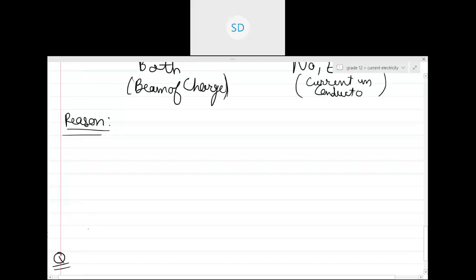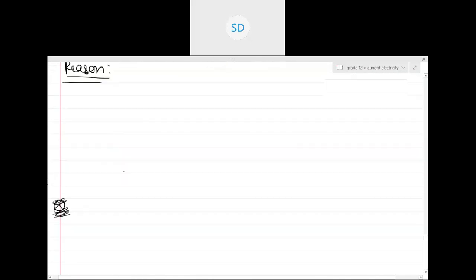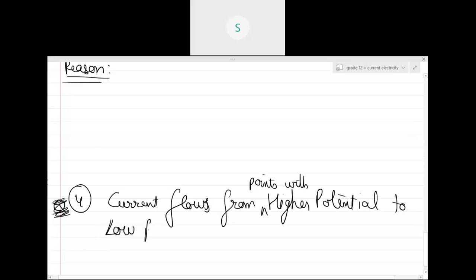Which property is this? Third property done. Fourth property: current flows from higher potential to lower potential, so basically from a higher potential region to a low potential region.